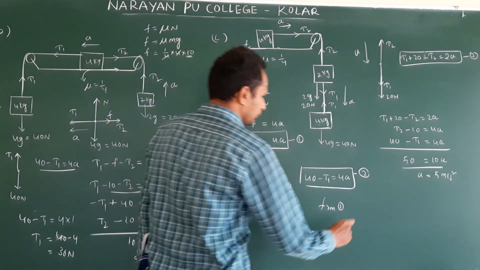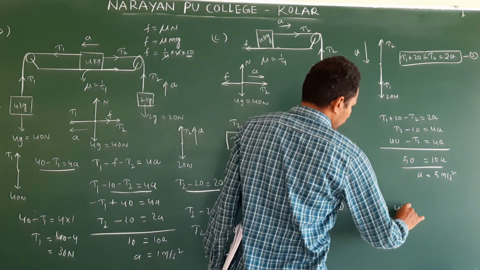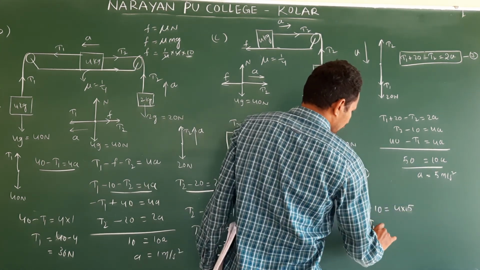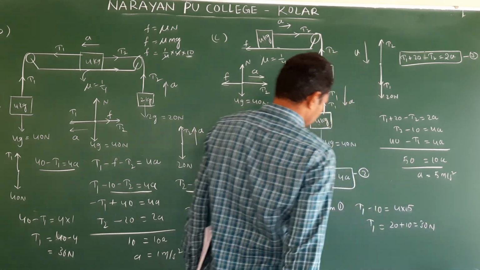Acceleration substituting. T2 minus 10 is equal to 4 into 5. So T2 is equal to 20 plus 10, 30 Newton.